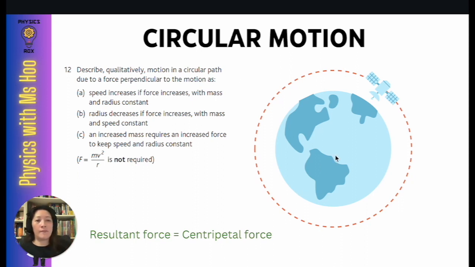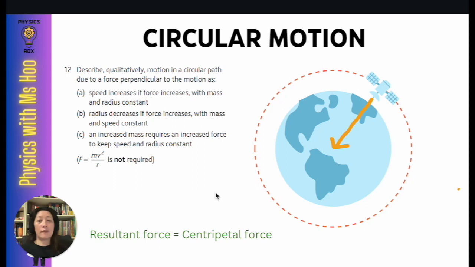So, for example, if you have a satellite orbiting a planet, there is a resultant force. The resultant force is known as the centripetal force, and this acts towards the center of the path. In this case, the centripetal force is equal to the gravitational force acting upon the satellite by the planet Earth.